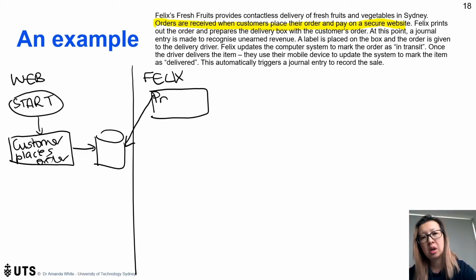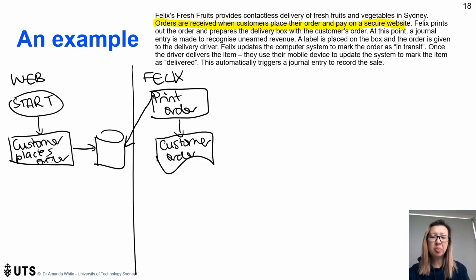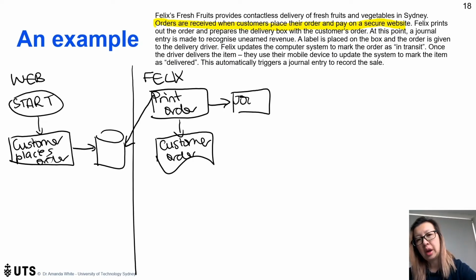So he prints the order, and that printed order comes out as a document. So customer order. At this point, they have a journal entry to recognize unearned revenue. So when he prints the order, it also triggers a journal entry.